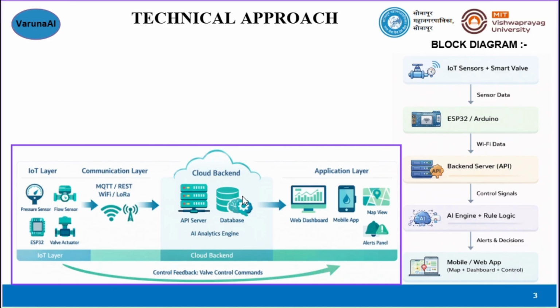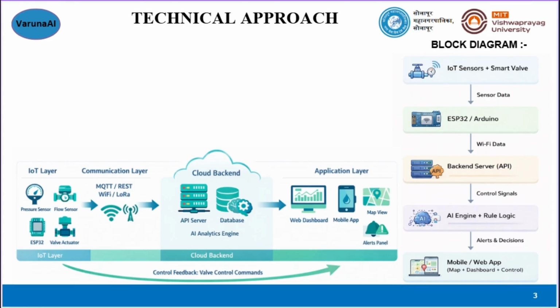Finally, the application layer, which includes a web dashboard, mobile app, map view, and alert panels for real-time monitoring and control. This system also provides control feedback by sending valve adjustment commands back to the IoT layer, creating a complete smart loop. This architecture ensures scalable, efficient, and equitable urban water distribution.